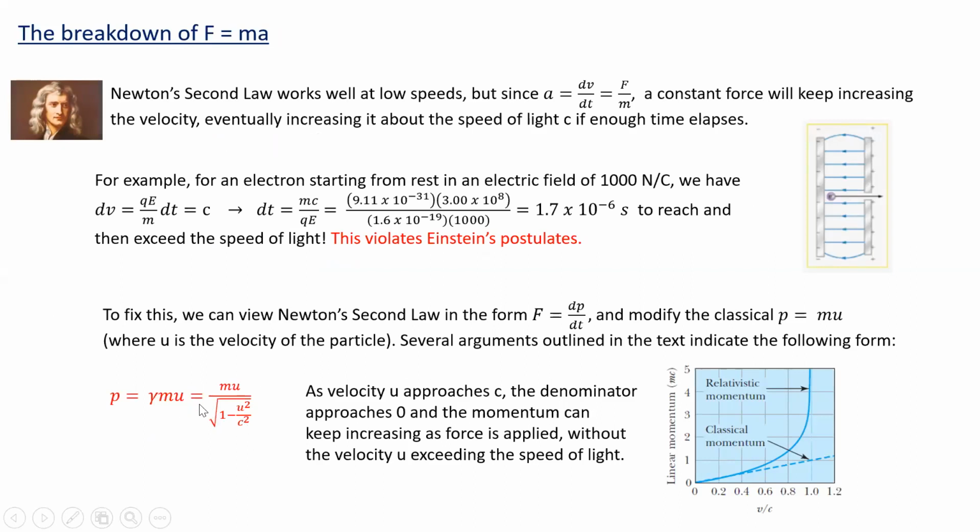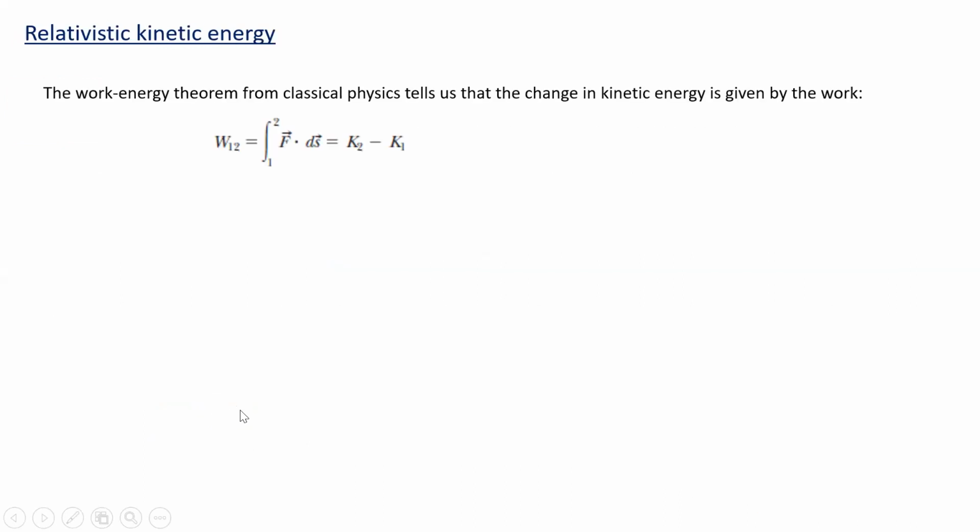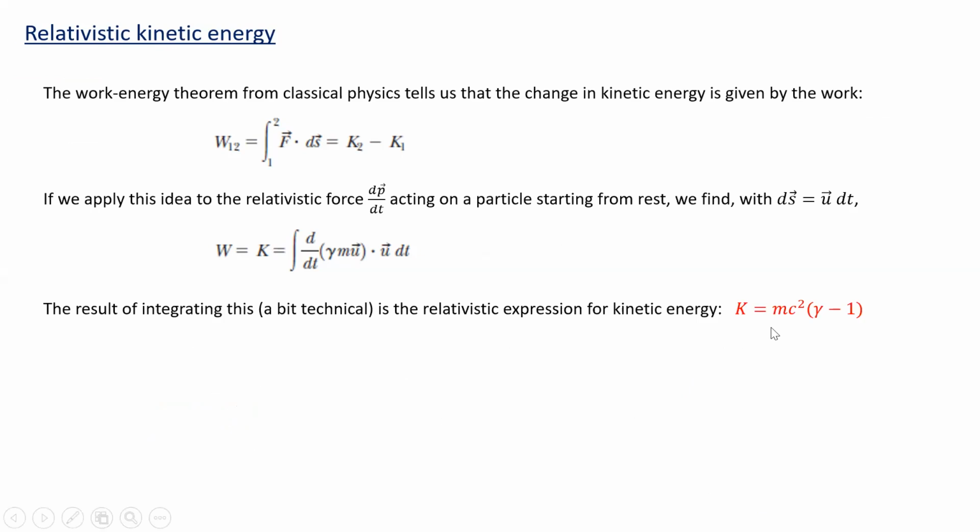So when u is equal to 0, it would be 1 over the square root of 1 minus 0, or 1, okay? So when the particle's not moving, gamma is equal to 1, and we just get the kinetic energy equals mc squared times 1 minus 1, or 0. So it matches up when the particle's not moving.